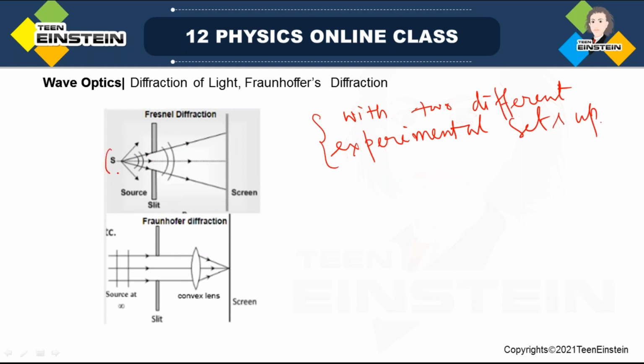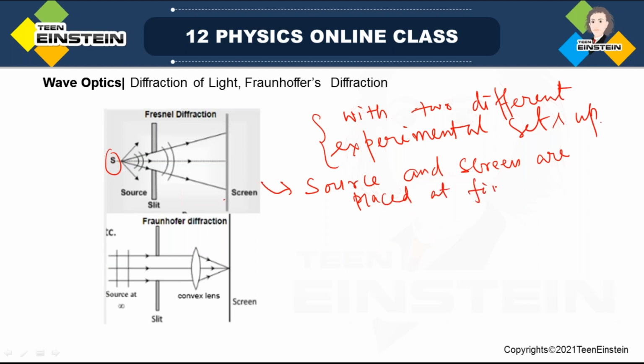The source and the screen are kept at finite distance, or closer to the slit, from the slit or obstacle.